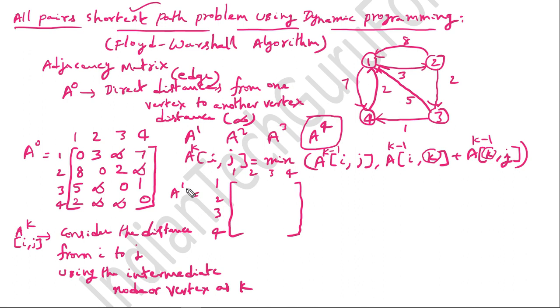So if we try to calculate A power 1, then the intermediate vertex or node must be 1.